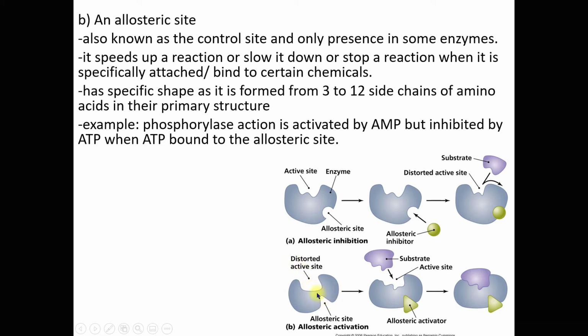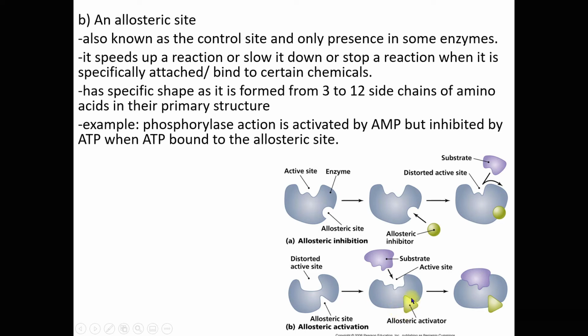So the allosteric site of that enzyme needs to bind with a chemical molecule, or to be more specific, the allosteric site of the enzyme needs to bind with an allosteric activator.